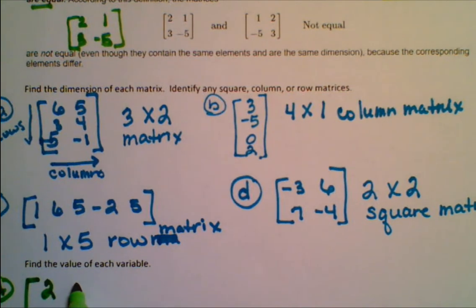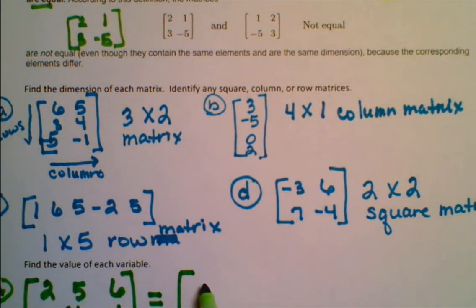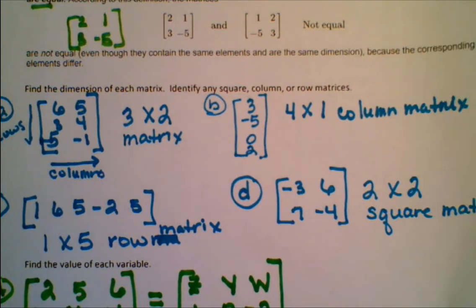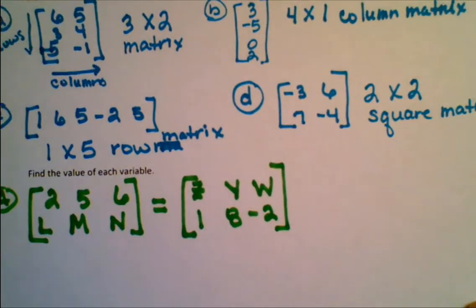We have 2, 5, 6, and then we have L, M, N equals Z, Y, W, and we have 1, 8, -2.